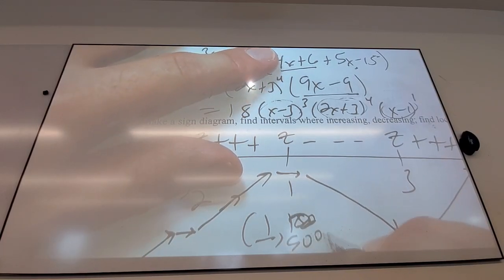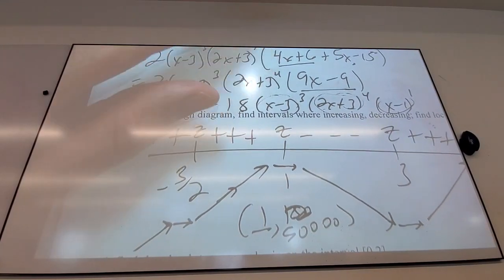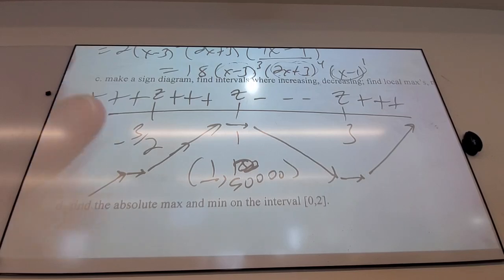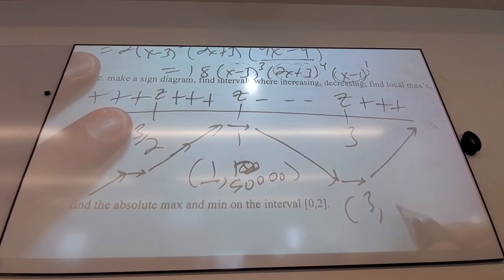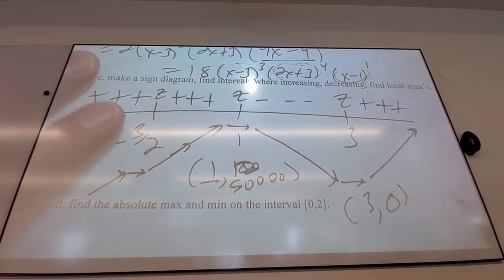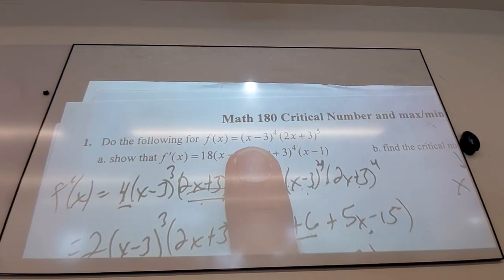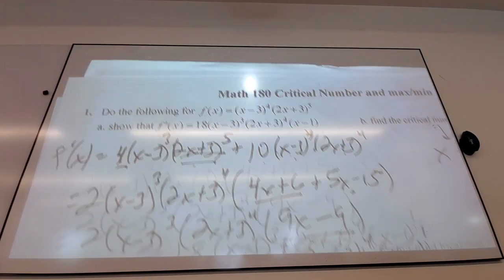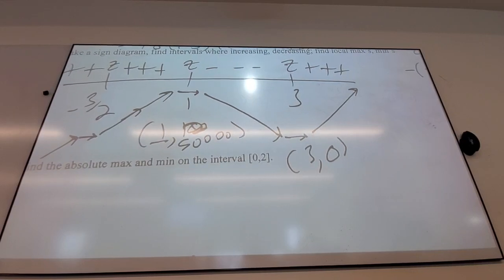In my head, I've got Vegeta going, who's 50,000? That's over 9,000. Okay. And then, where's the minimum? Some of you got that, I appreciate it. X equals 3. The output is 0, because when you plug a 3 into the original, you get 0.